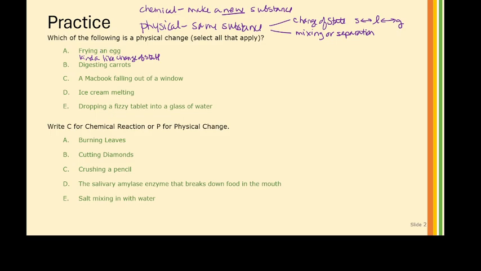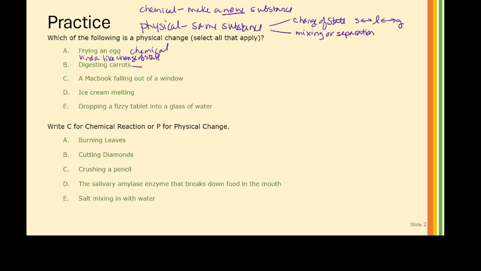It has really changed. So one of the things is that chemical changes tend to be non-reversible, whereas if I change the state and melt it, I can always freeze it back. If I mix it, I can always separate it back. So physical changes are much more likely to be reversible. They are reversible, though that doesn't always mean they're easy to reverse. So this one is going to be a chemical change.